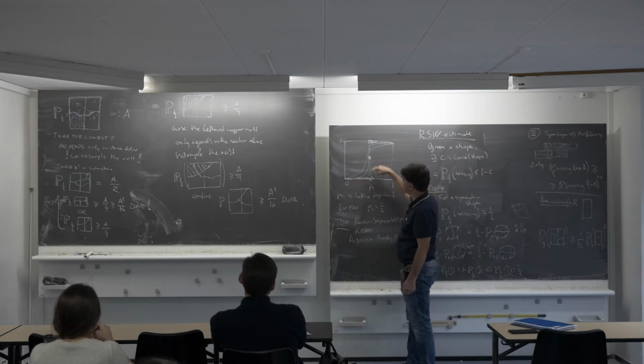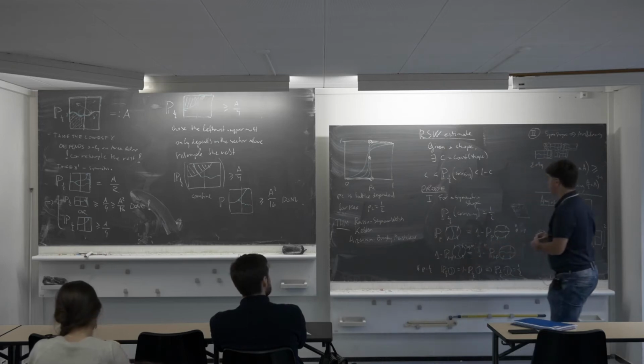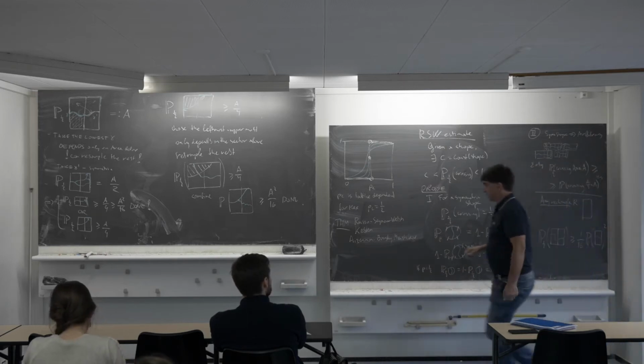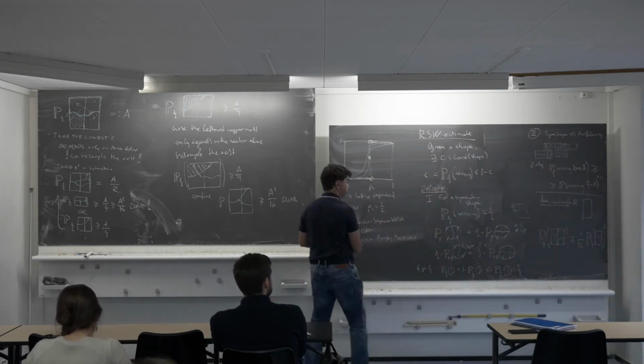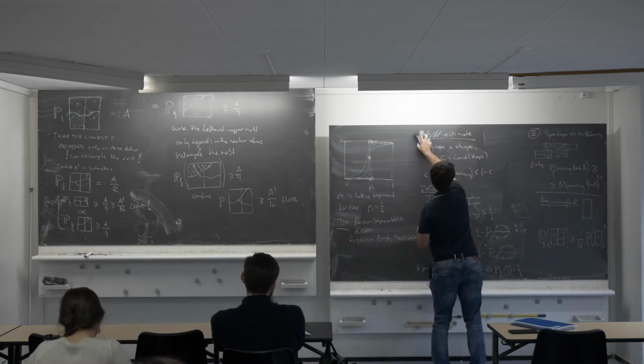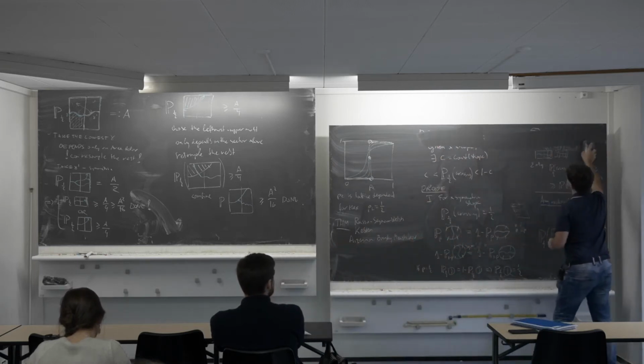So how do we show that there is this picture? I have 10 minutes, so let me show it. I want to show that it's the sharp threshold.